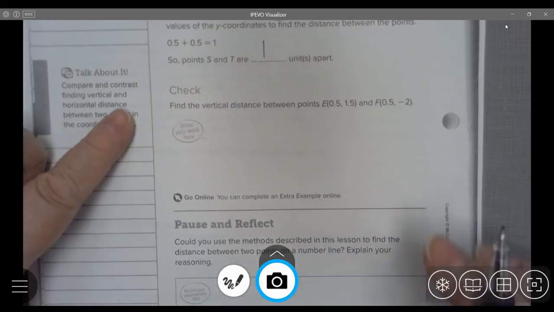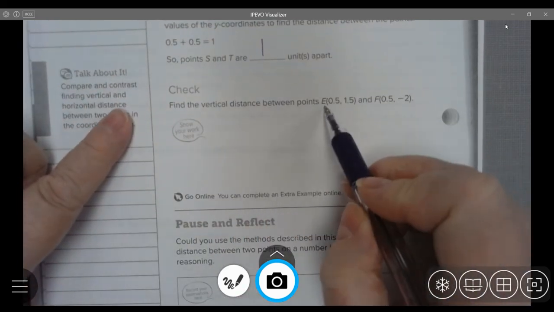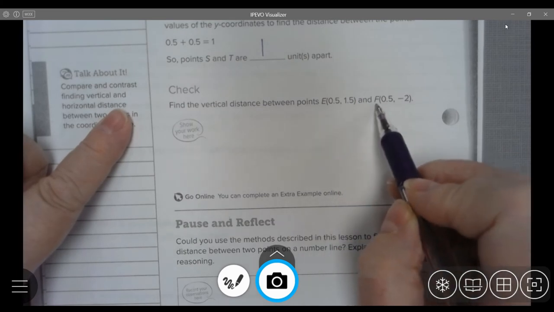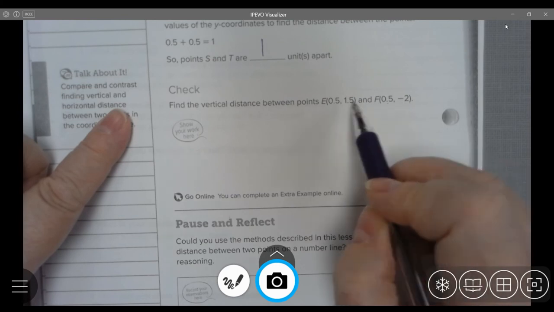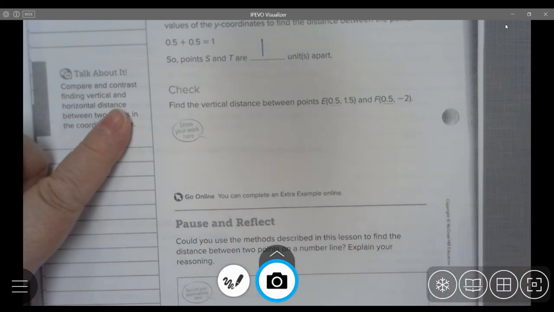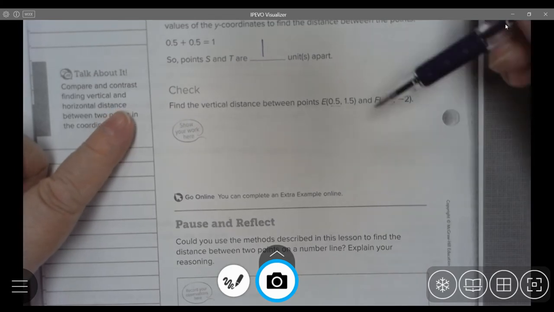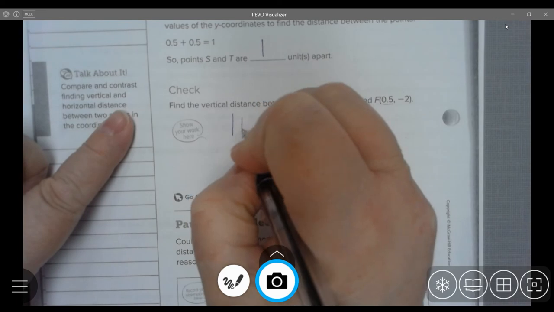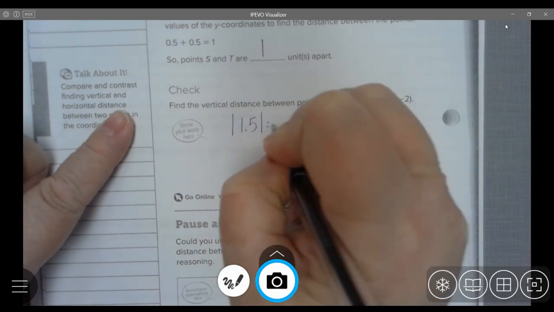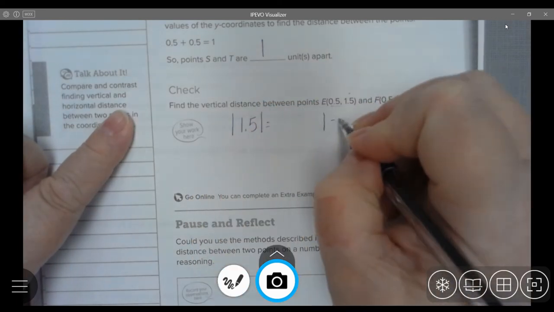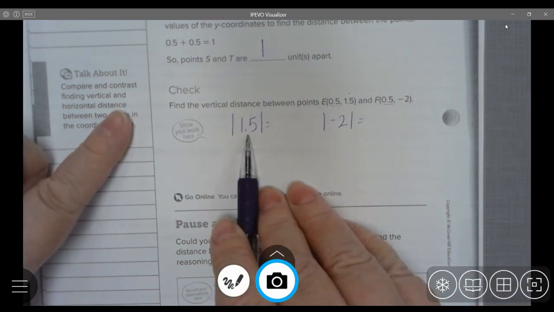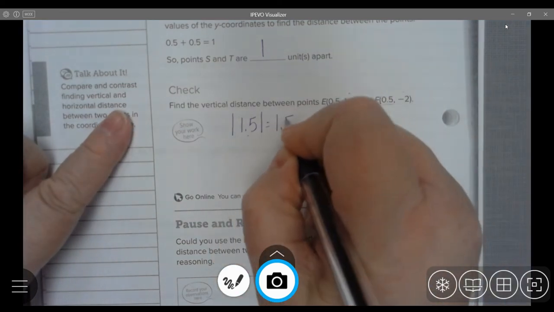So let's do this one now. The vertical distance between E, which is 5/10 and 1.5, and then F, point 1/2 and negative 2. So the first ones are the same. So we do not need to worry about those, but we need to look at these second numbers. We need to find the absolute value of 1.5 and the absolute value of negative 2. So the absolute value of 1.5 or 1 and 5/10 is 1 and 5/10.